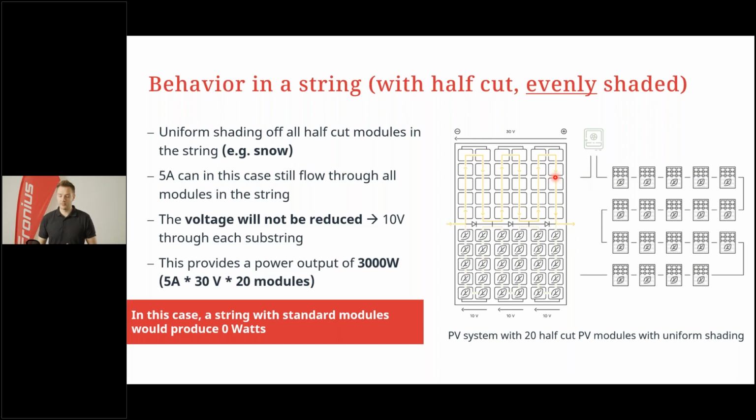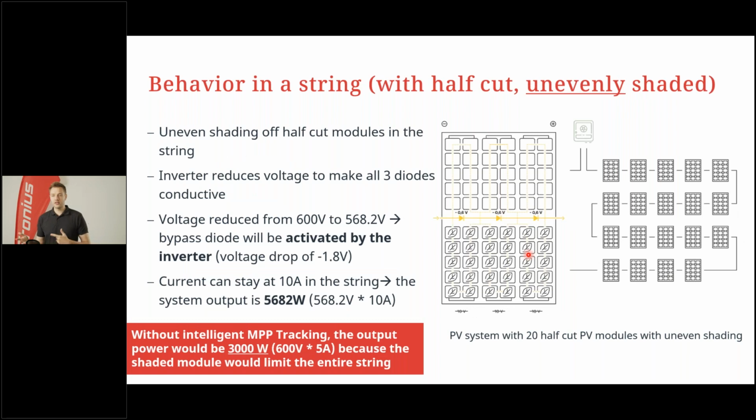When you have a standard module, in this case, this would be 0 watts, because when you have the shading, all 3 bypass diodes would be activated, meaning all the modules would produce 0 watts with normal standard modules. So in different scenarios, I would really suggest to use half cell modules, because they have a better behavior of shading.